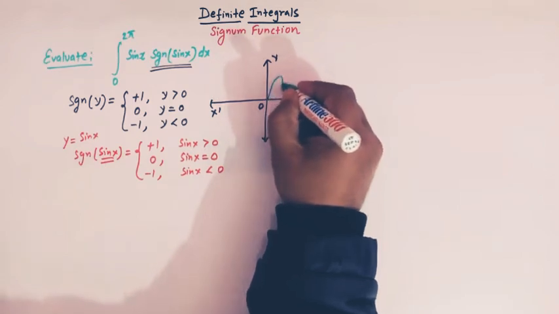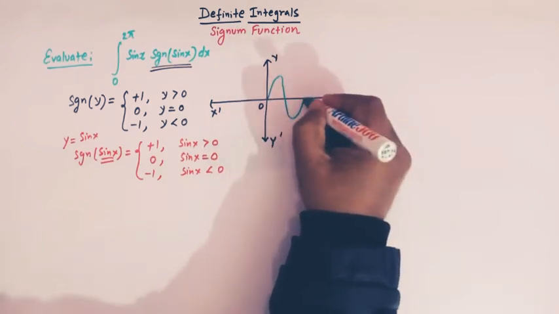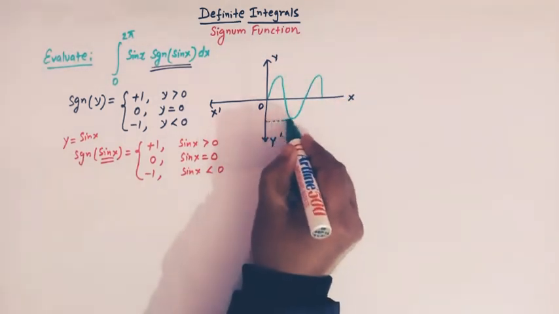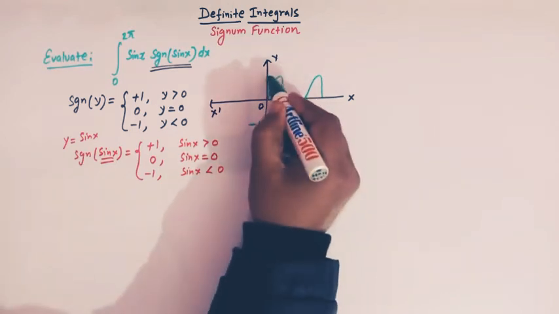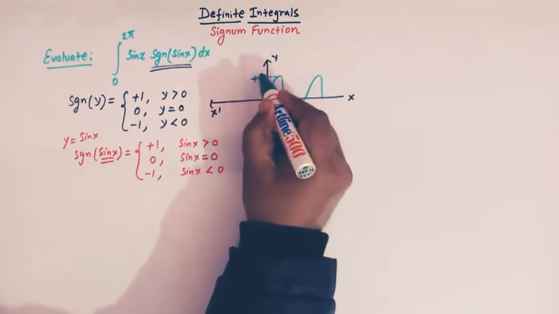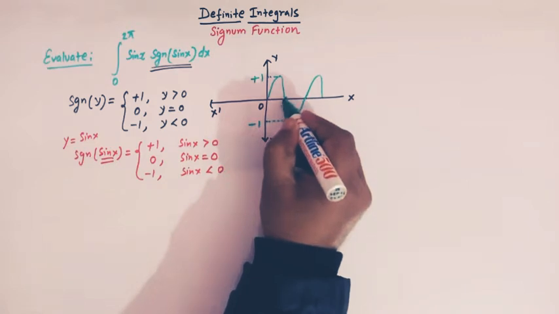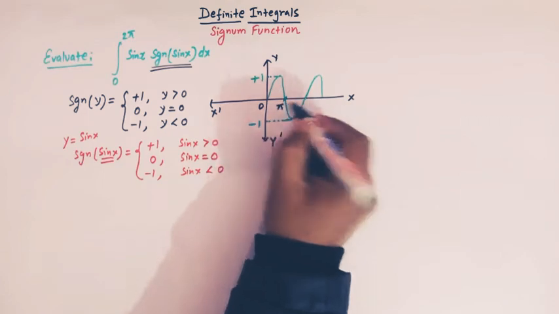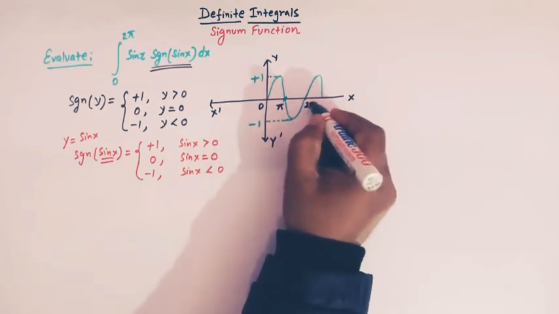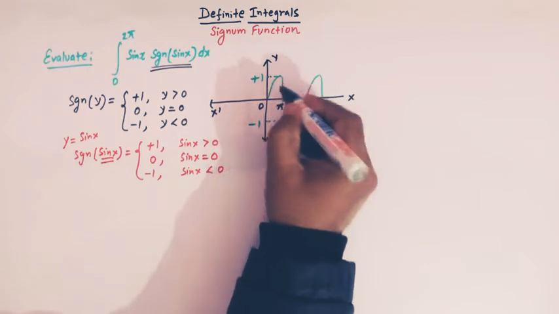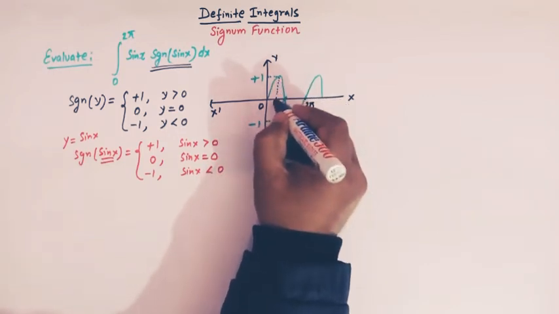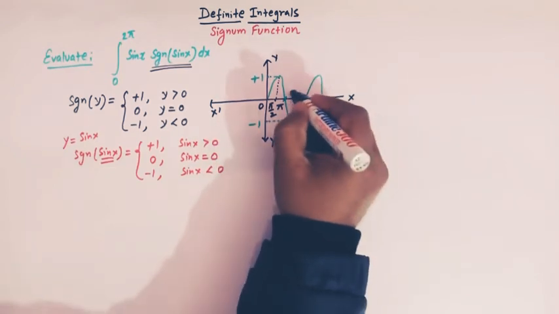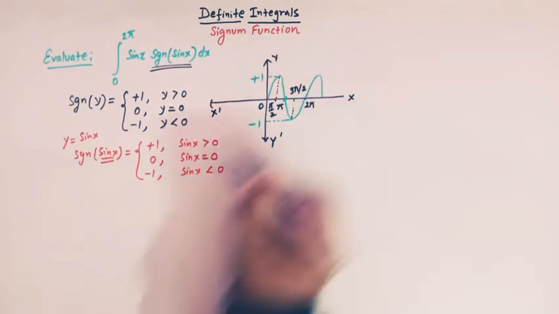The sine function looks like this, and this is just a rough sketch. Here we have minus 1, and here we have plus 1. These points are pi, and here we have 2 pi, and so on, and this point is pi over 2, and this point is 3 pi by 2.